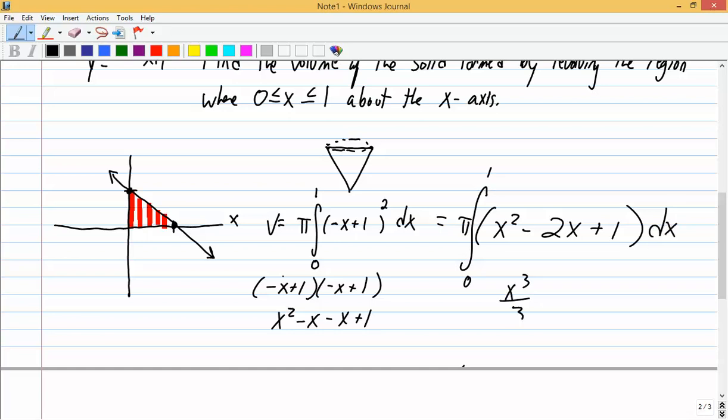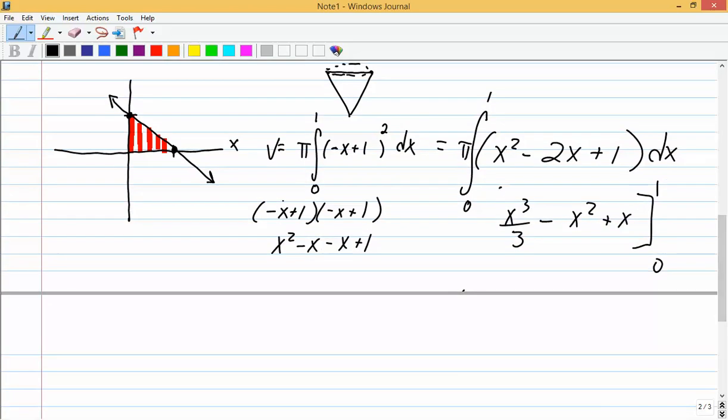X cubed over 3 minus x squared plus x. And don't forget what on the outside. Pi. Alright. So that's 1/3 minus 1 plus 1. Well, plugging in a 0 here gives you a 0.